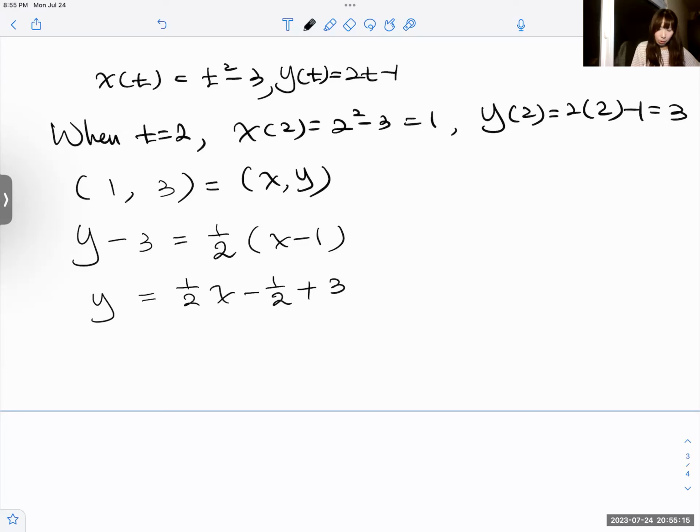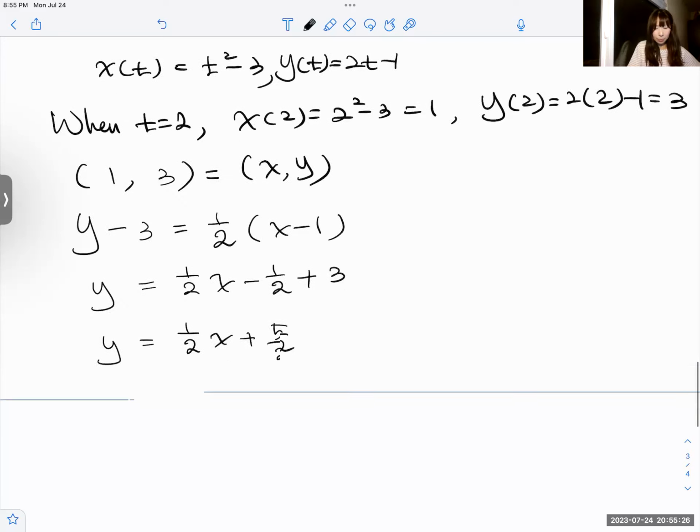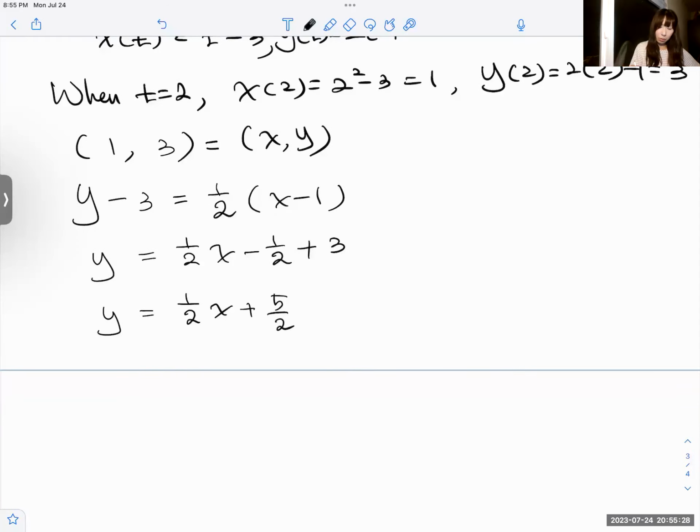Okay, so there will be y equal to 1/2 x, so there will be positive 5 over 2, right? Because this is a 6, right? 6 over 2. Okay, now this is the equation of a tangent line.